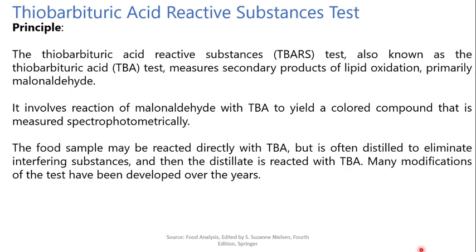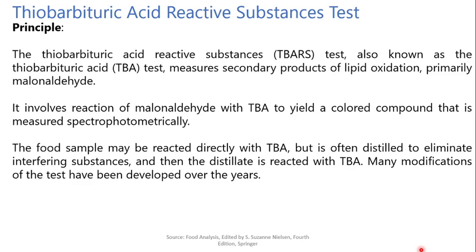Then next topic is thiobarbituric acid reactive substance test. So the principle, so the thiobarbituric acid reactive substances tests are also known as the thiobarbituric acid test. So it measures the secondary products of lipid oxidation, primarily the malonaldehyde.